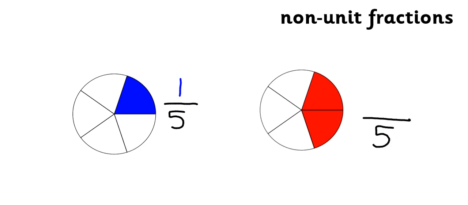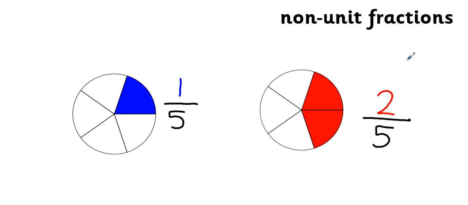But how many parts are coloured in? It's not 1, it's 2. So the blue one shows 1/5, and the red one shows 2/5. These are called non-unit fractions, where the number on top, the numerator, is not 1 part, it's more.